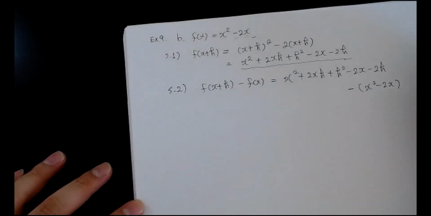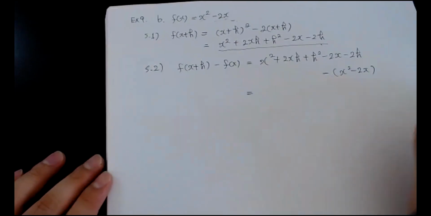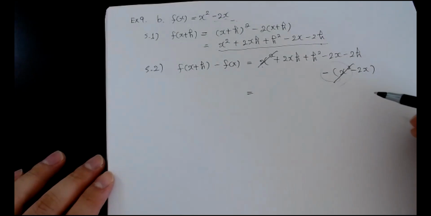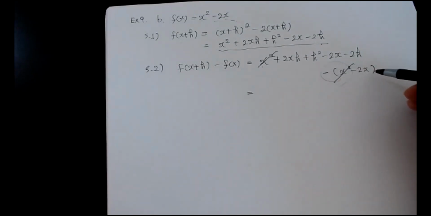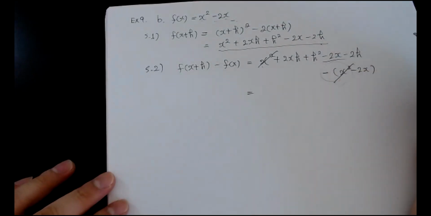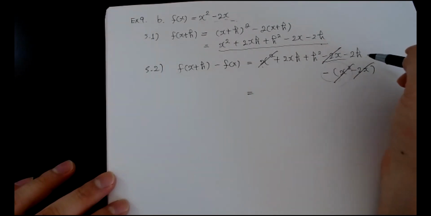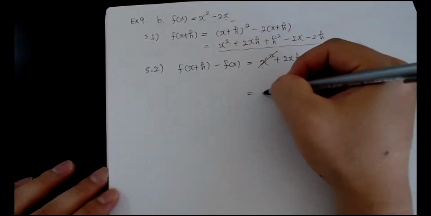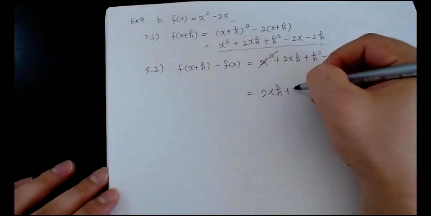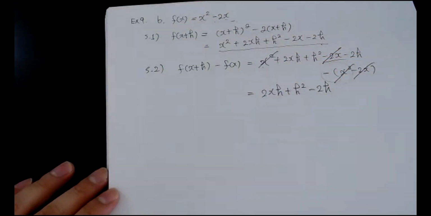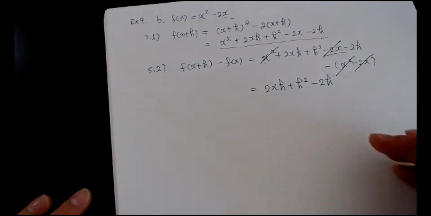The x squared terms cancel out, and the negative 2x and positive 2x cancel out. So we get 2xh plus h squared minus 2h. That's the numerator.